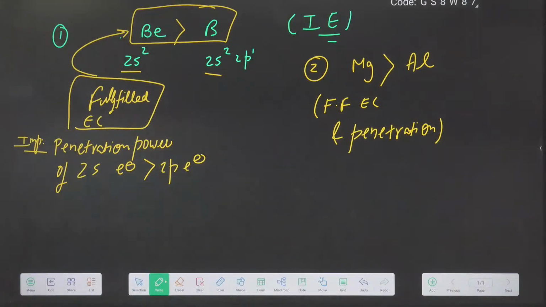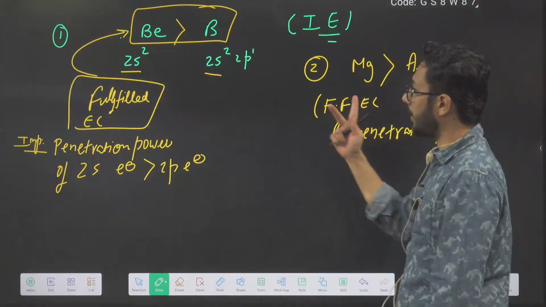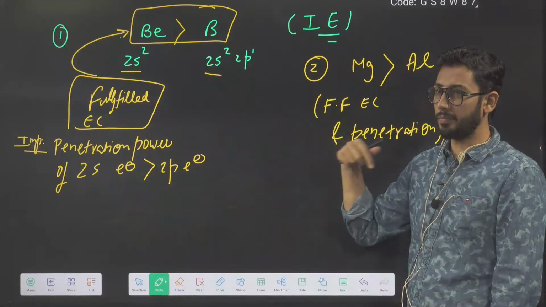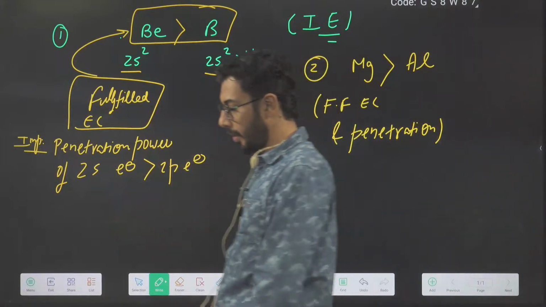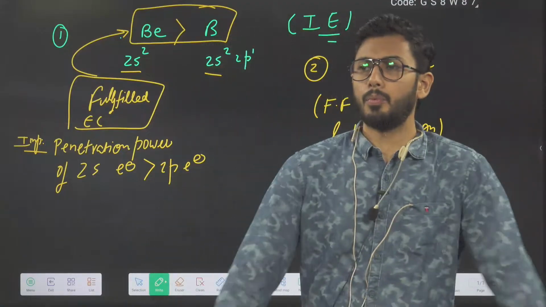Up to this point clear? So today we are discussing only these two examples which are not following the regular trend. Then we will discuss oxygen and nitrogen, and similarly sulfur and phosphorus. Up to this part clear?